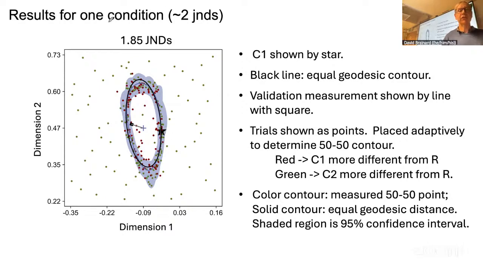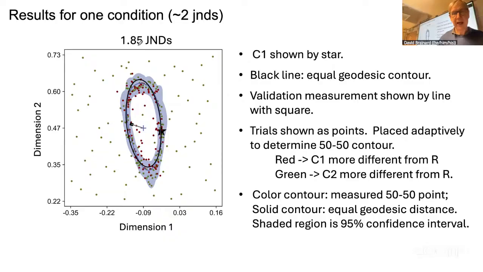That's good. This was for a case where we went 1.85 threshold units away, so just a little bit bigger than threshold. This point has to work, and these other points don't have to work, but they do. So the geodesic hypothesis is good for this condition.